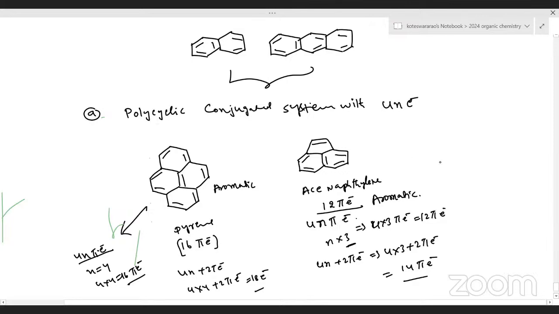Some other examples. We have several examples; I'm going to give just two or three. Take a 5-member ring. If you add the double bonds, that becomes a naphthalene-type system. Then you extend with another benzene ring, a 6-member ring.